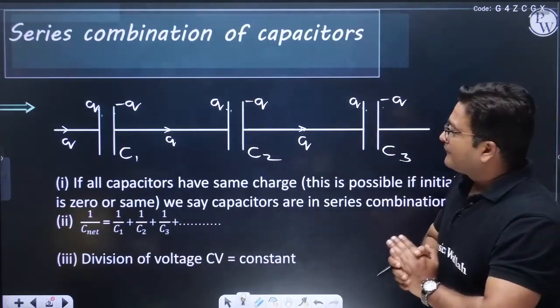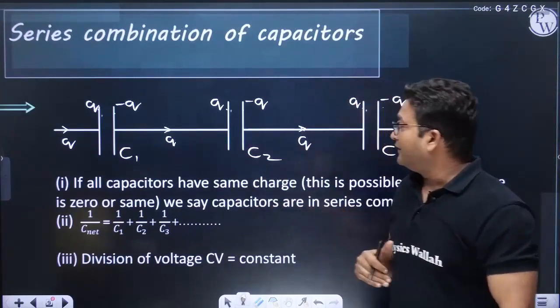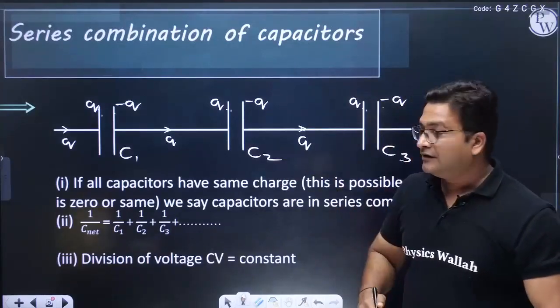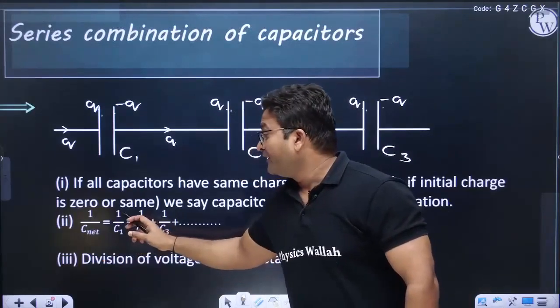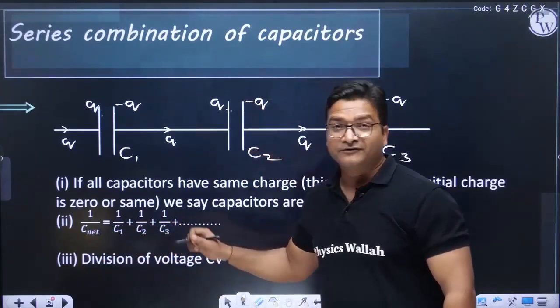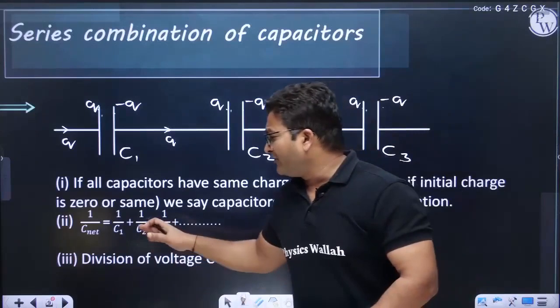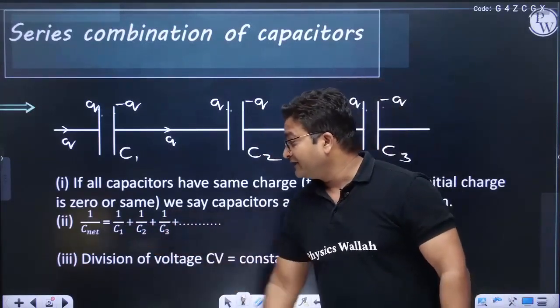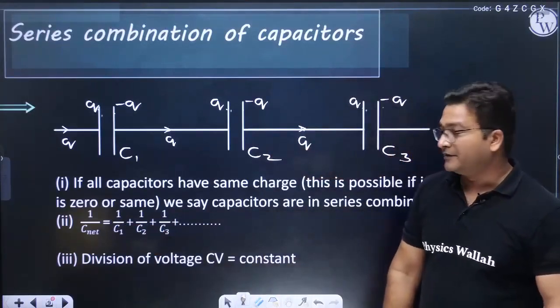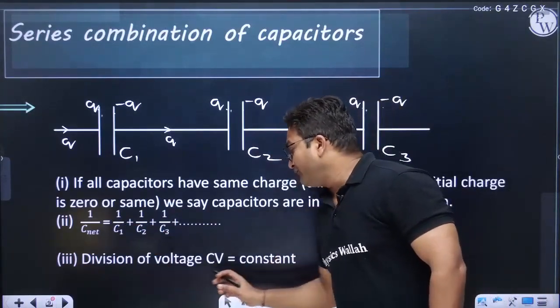When we call them in series combination, obviously the net capacitance is given by 1 upon C net equals 1 upon C1 plus 1 upon C2 plus 1 upon C3. It is a similar formula to the one we used for resistances in parallel, but here we use this type of formula in series. And then division of voltage.